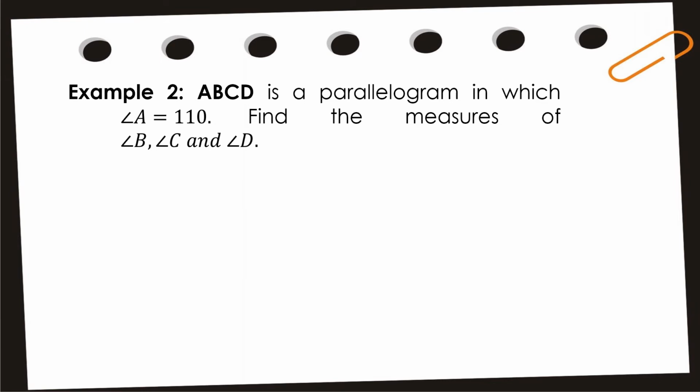Example number 2. ABCD is a parallelogram in which angle A is equal to 110. Find the measures of angle B, angle C, and angle D. Let us first try to illustrate parallelogram ABCD.